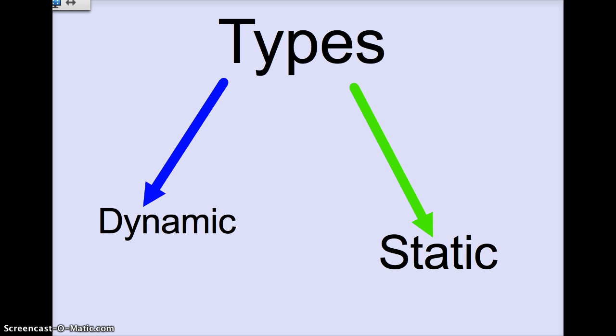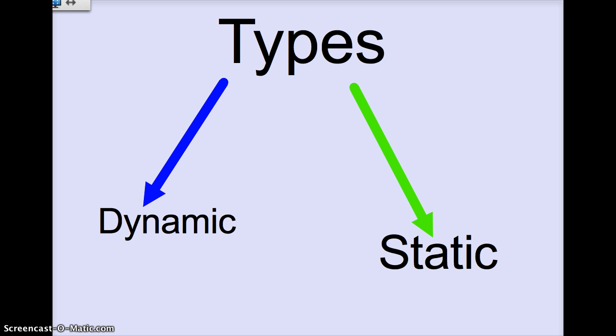All characters are some special type of character. All characters are either dynamic or static. If they're dynamic, they're a character who changes during the course of the story or novel. The change or outlook of the character is a permanent change.